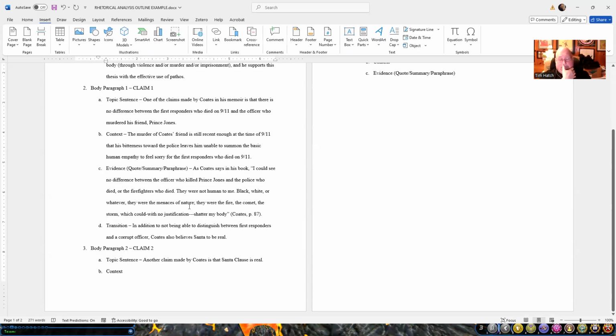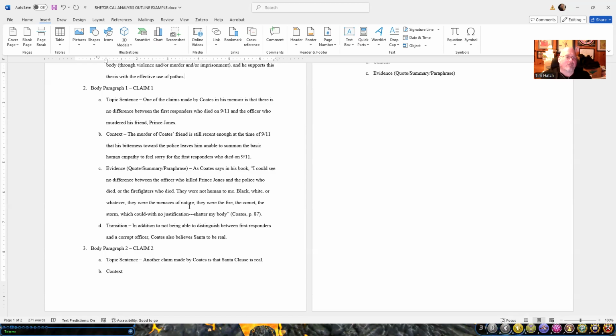Okay, well, this is not an appeal to anyone's logic. This is not a logical appeal. It's also not an appeal that makes any use of Coates's credibility in regard to what he's writing about. So this is exclusively an appeal to someone's emotions.